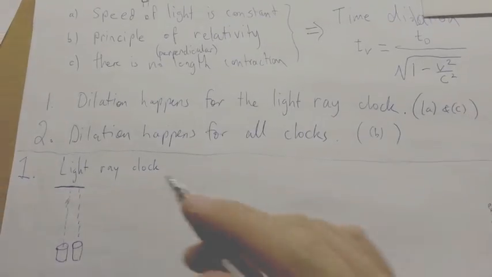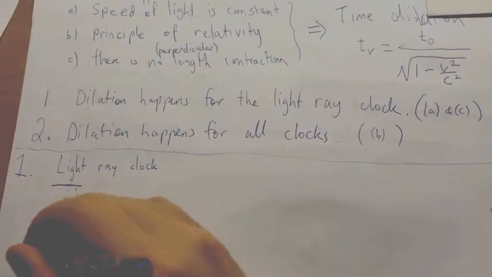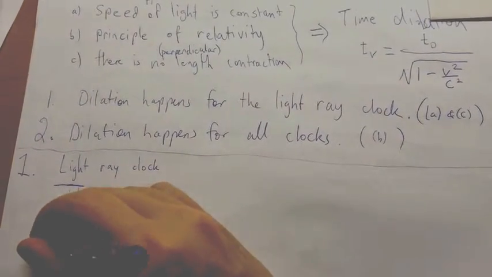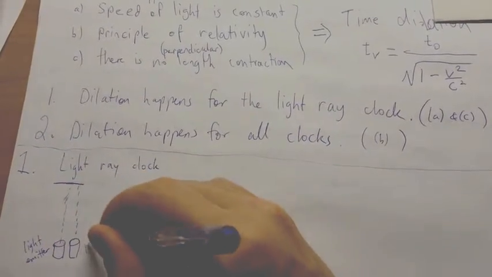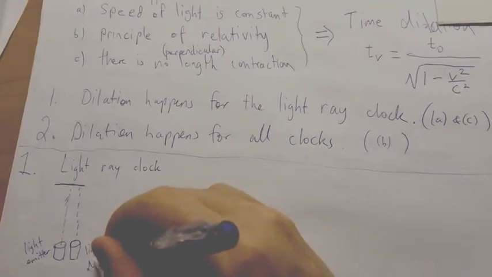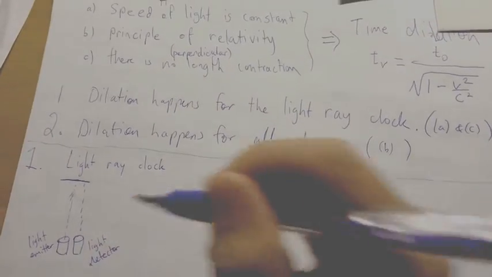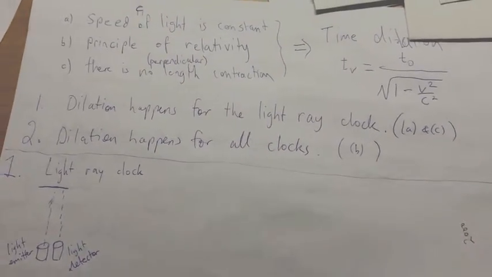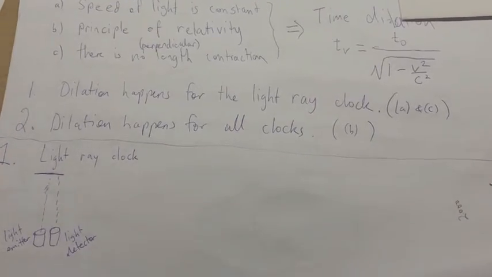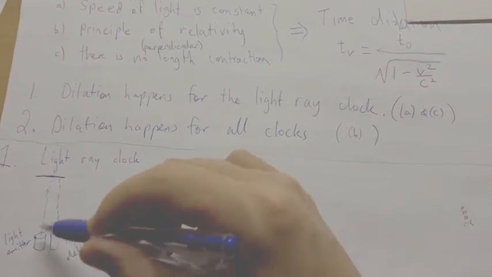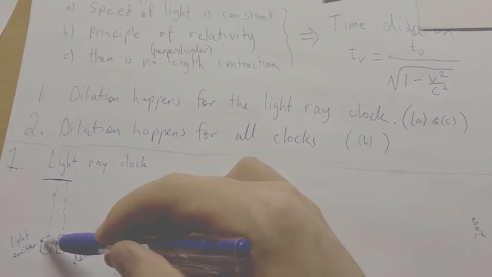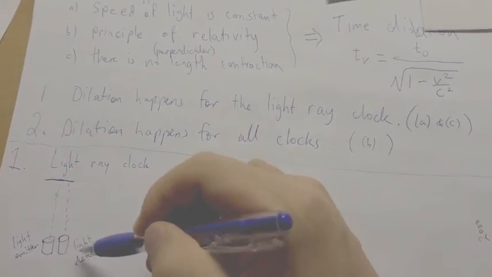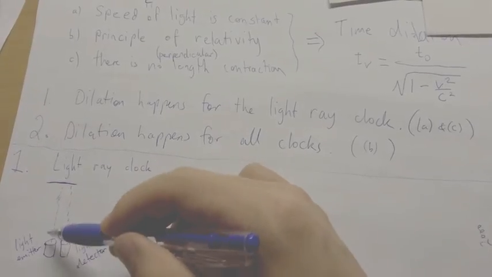And so light emitter, light detector, and it basically keeps track of the time by how many times the light detector detects the light pulse coming back.